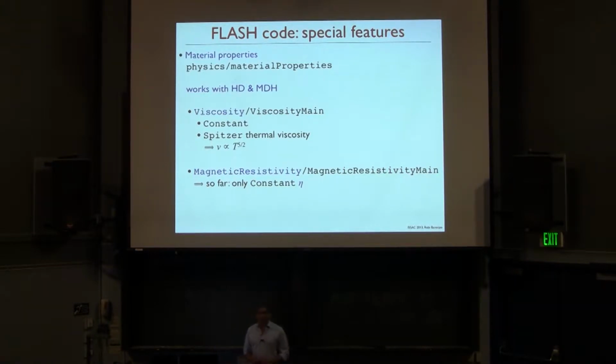Coming also with the material properties, and usually I put in here the directories where you find all the specific modules. Coming with the material properties are things like viscosity and magnetic resistivity. Of course, if you want to do a controlled turbulent simulation, where you really want to probe the dependence of your result on the physical kinetic viscosity, this can be easily implemented in your code.